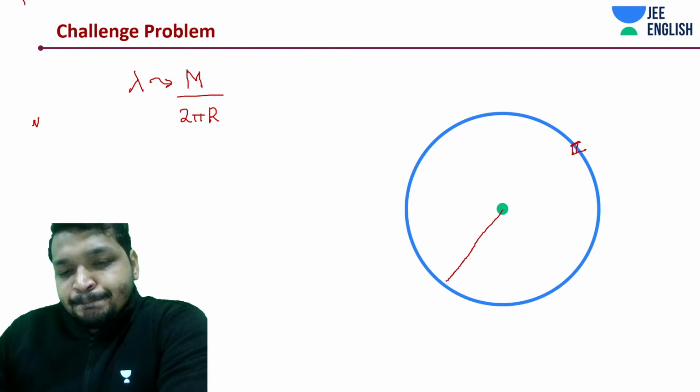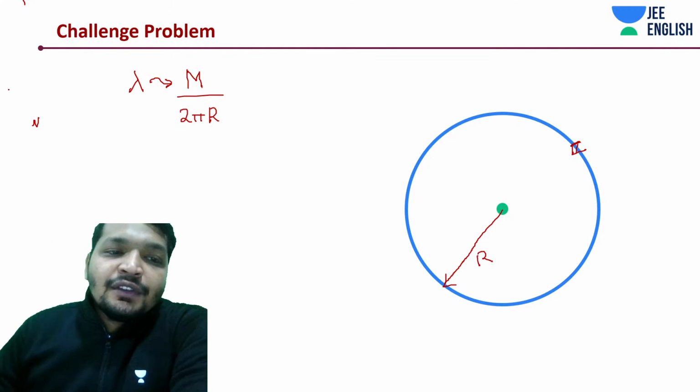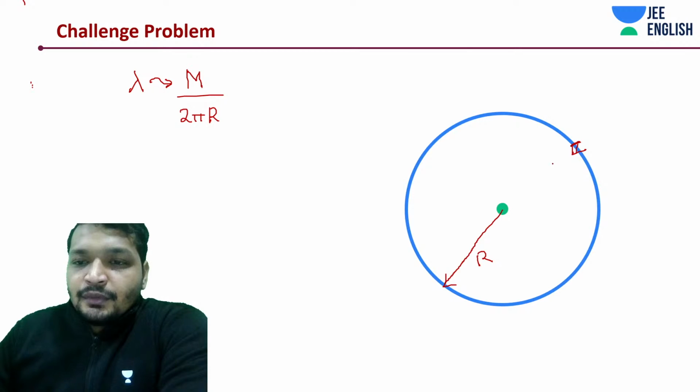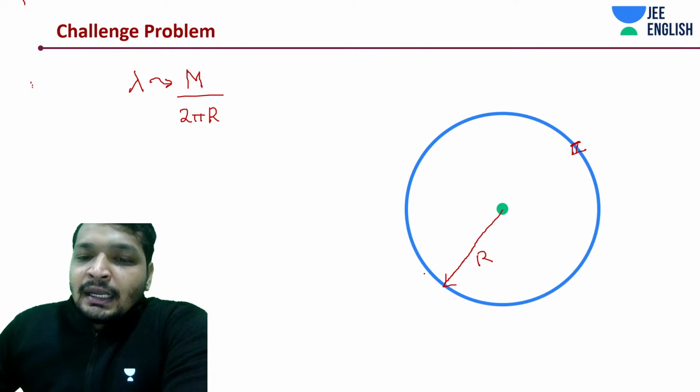This is the first thing that you need to know, but in this question, that is not the first thing. I'll tell you why. Symmetrical to this, there lies another elemental mass.